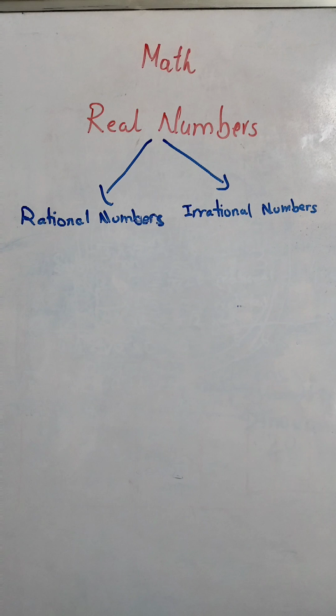Then root 35, then we'll take a very simple one, 7 minus 4 root 21.